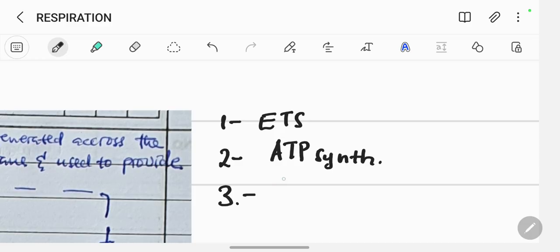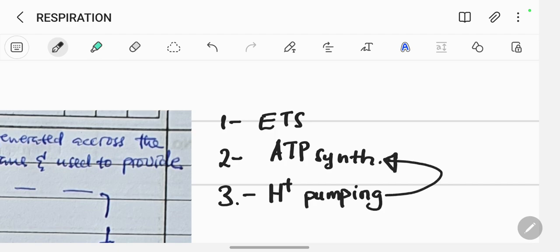Hydrogen ion pumping, but this one is more into ATP synthesis, phosphorylation.